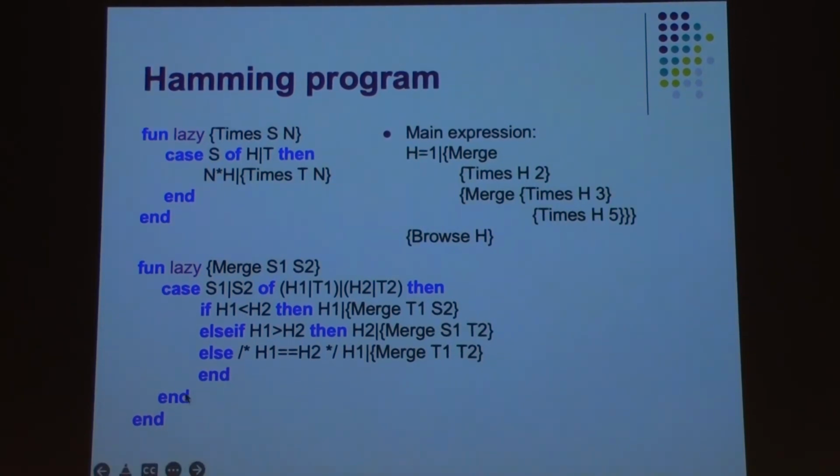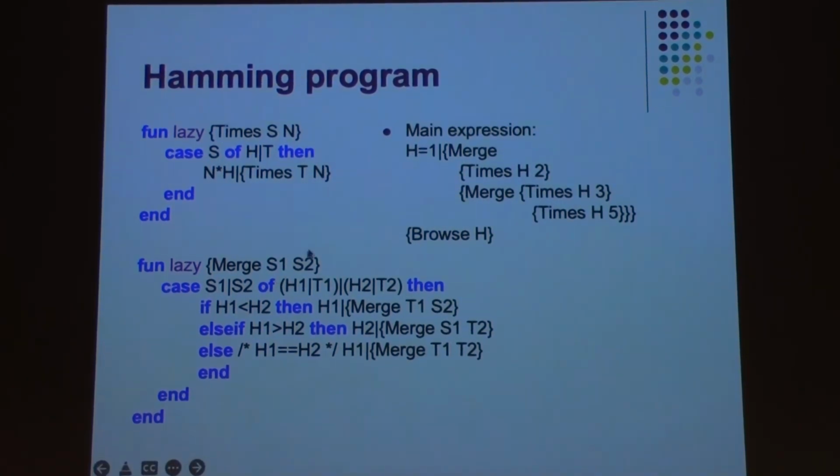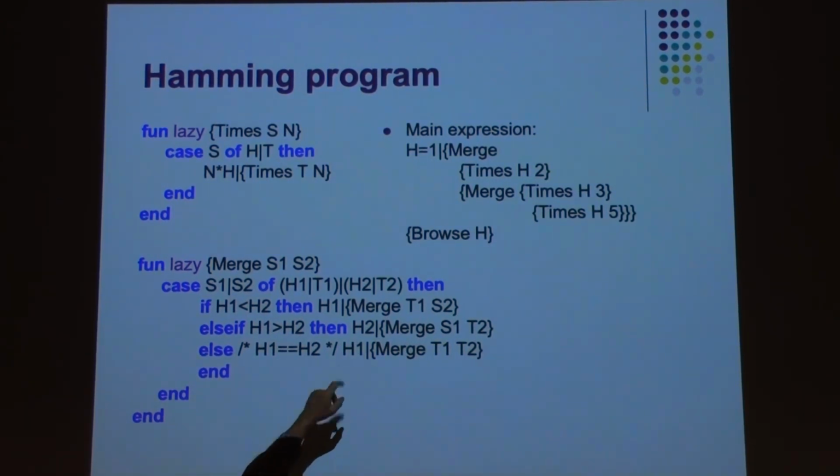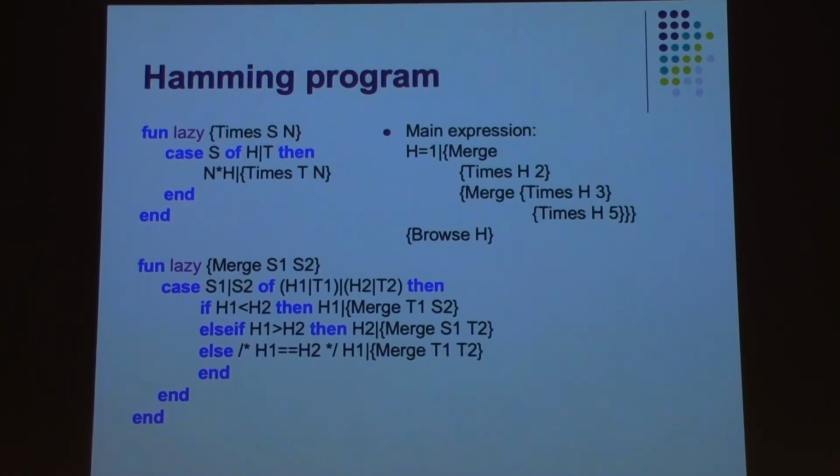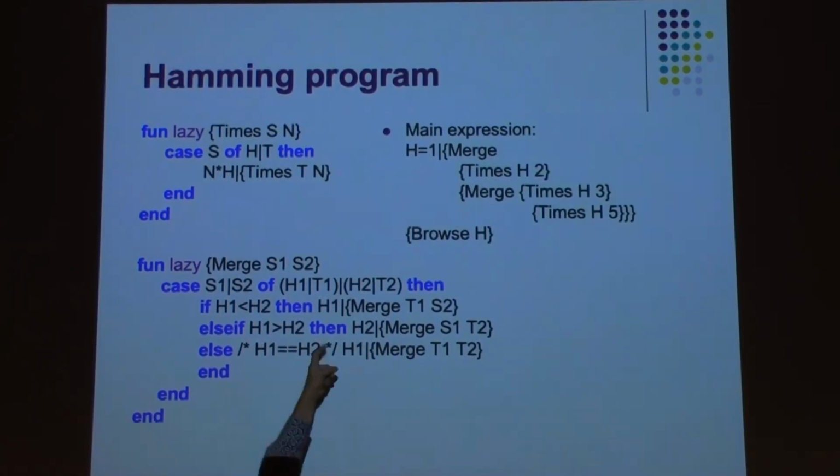Notice how merge works now. S1 is 2. So S1 bar is 2. I put a bar because I need to take elements from both. So we have H1 bar T1 and H2 bar T2. If H1 is less than H2, then the output has to be H1, and we merge with T1 and S2, since we advance in S1, but not in S2.